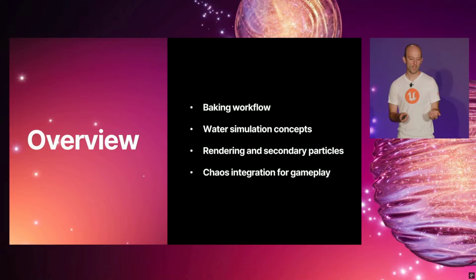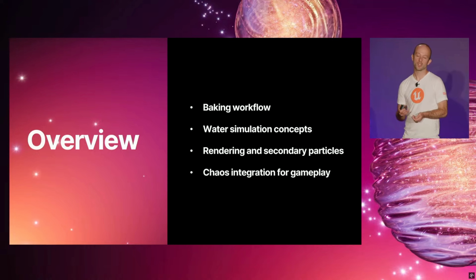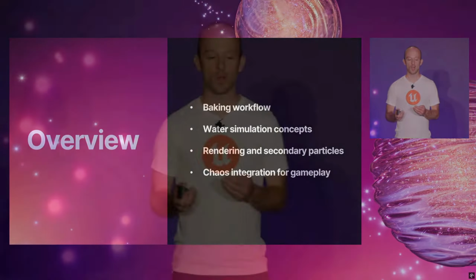Finally, we'll talk about the surface shaders and secondary particles, which are really responsible for bringing this whole thing to life, because otherwise, you only have this very static-based simulation. And the last thing we'll talk about is that Chaos integration to show how we can use the baked river data for gameplay elements by coupling the velocities you get from the river with Chaos.